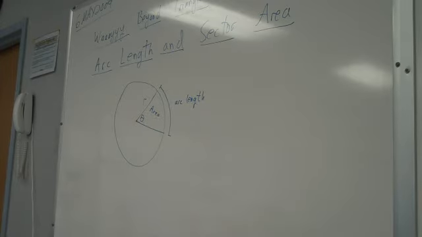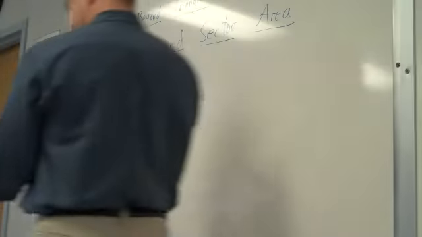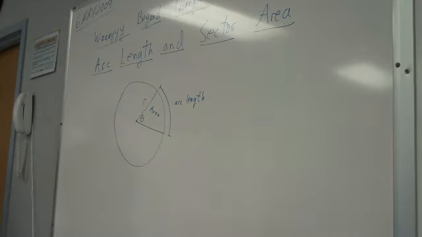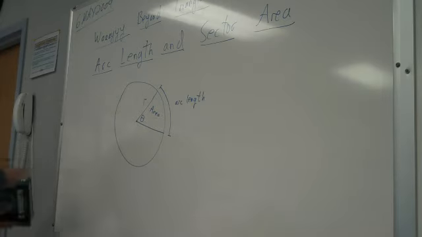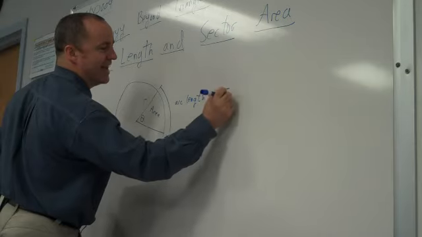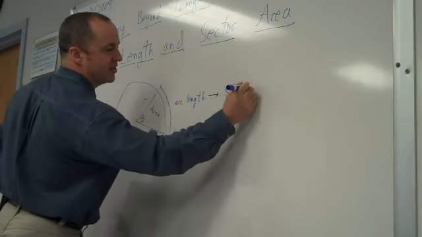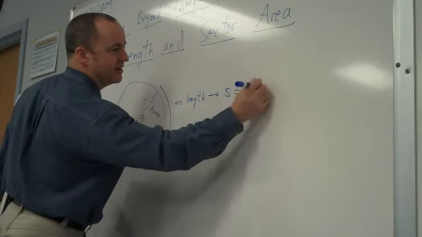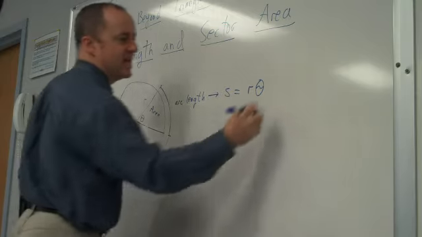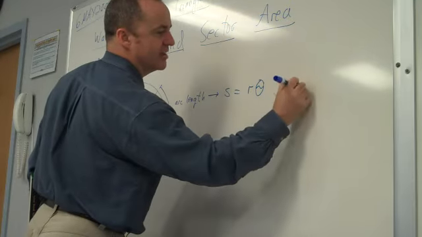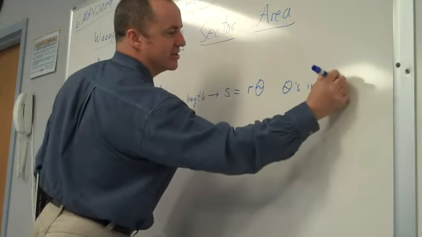Now, finding these things should be something you did at some point in geometry. Is that correct? Yeah. Okay. If you're using radian measure, it's actually this easy. The arc length, which is usually called S, is simply the length of the radius times theta, as long as theta's in radians.